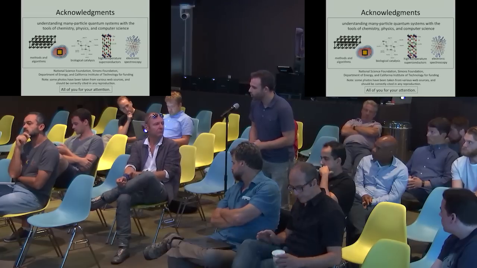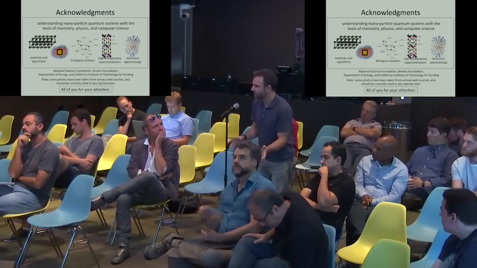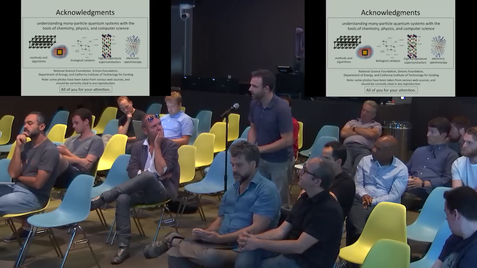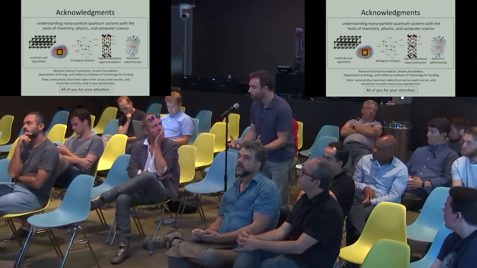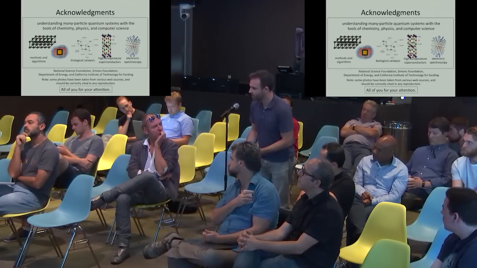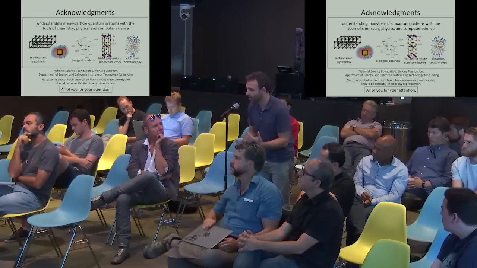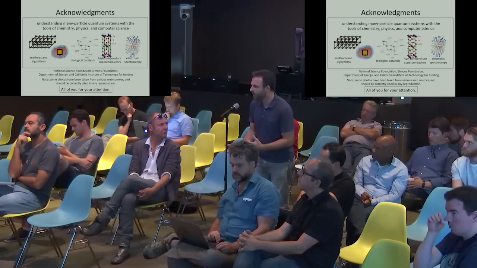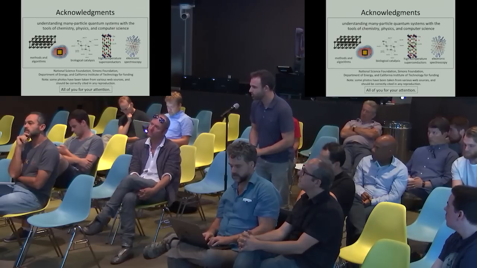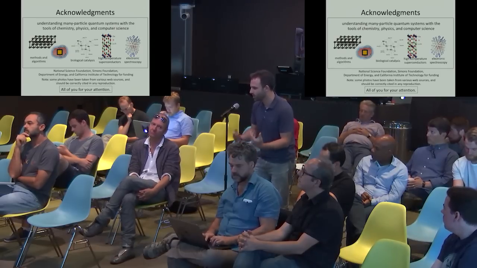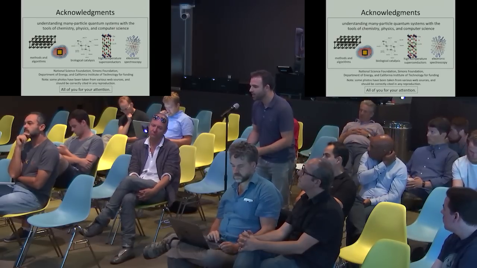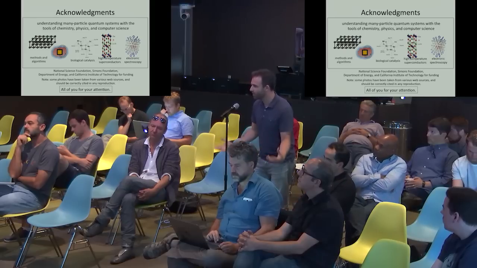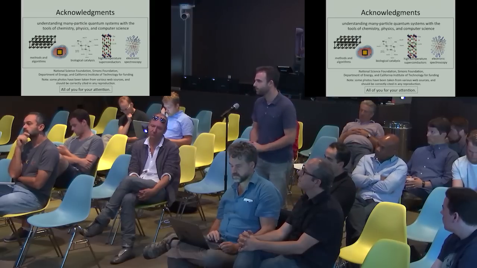Or you might worry that the structure of the entanglement is sufficiently complicated that you don't really know how to write down a good tensor network ansatz, or maybe you don't know how to contract it efficiently. Yes. So what's your feeling about these things? Do you think that for all physical states, you will be able to find a good ansatz, and that the correlation length isn't so big that you can handle it classically?